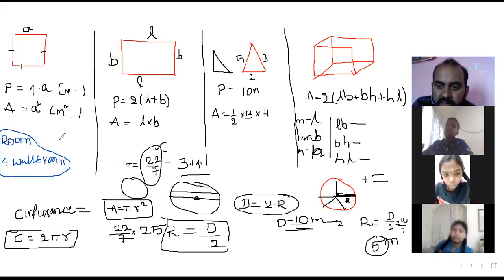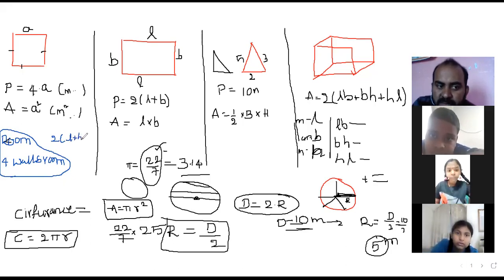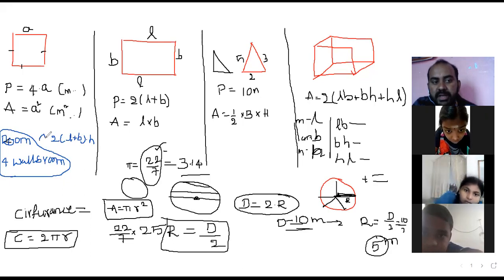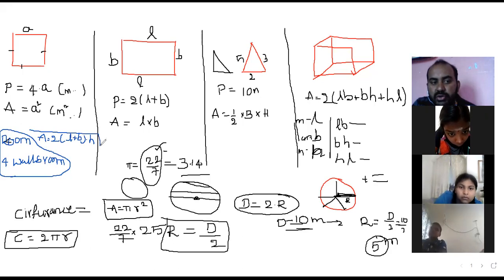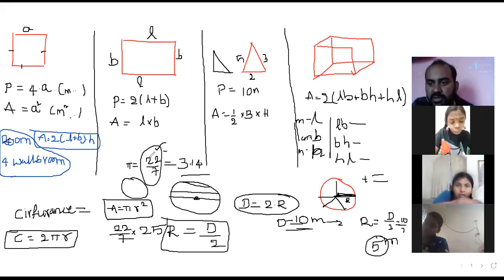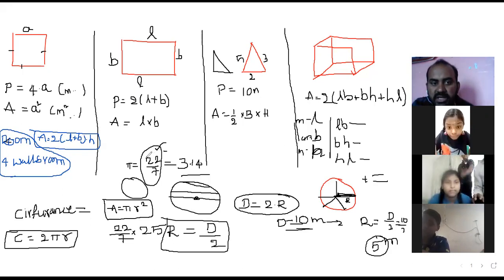The formula is 2 into L plus B into H. Area of the room or 4 walls room formula is 2 into L plus B into H. These are the formulas. Yes, copy everybody.